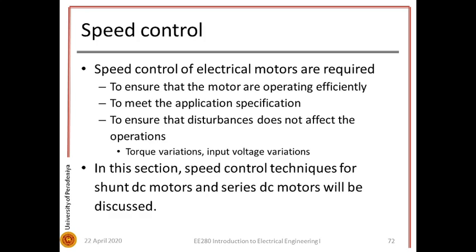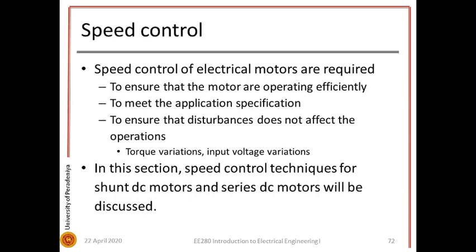First, we will look at why we need the speed control techniques. As you see in the torque speed characteristics, depending on the torque that you get, you will be operating at a different speed. When you consider practical operations of a machine, you may need to operate at a certain torque level or in certain speeds.